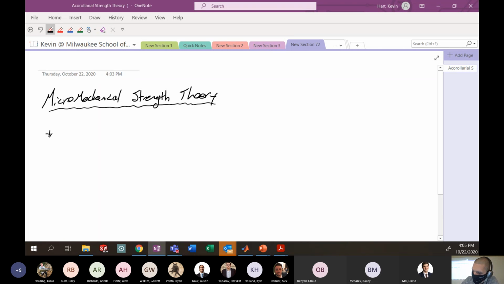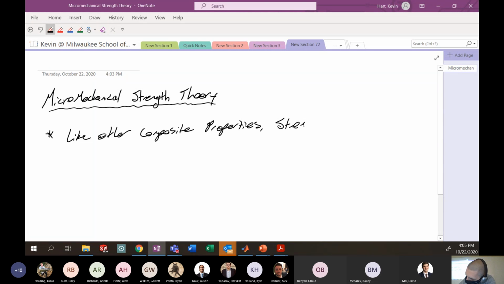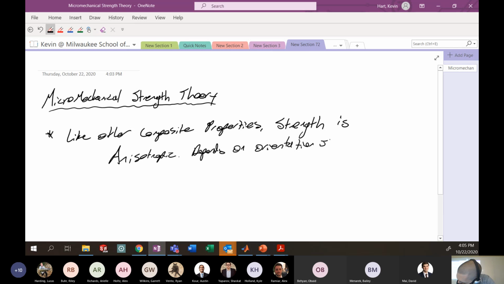Like other composite properties, strength is orthotropic. I'll just say anisotropic, a little bit more precise. Okay, so it depends on the orientation of loading, with respect to material axes.